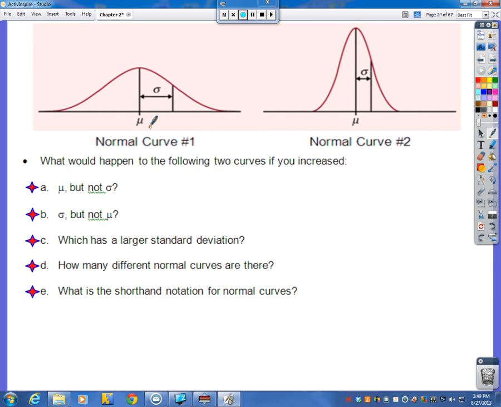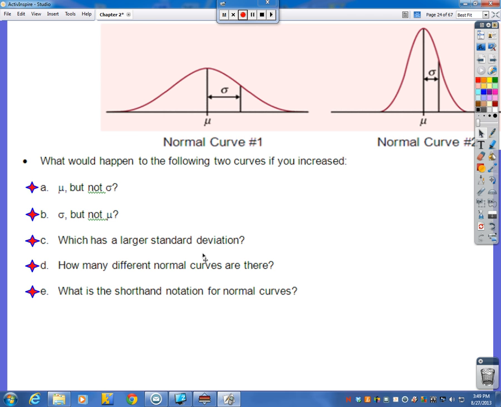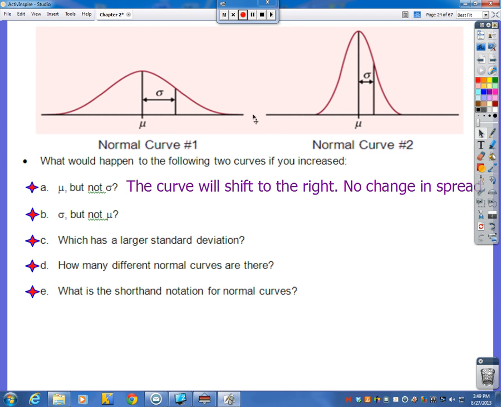All right, so if we were to increase the mean, think of this as a number line, and let's say this is also some number line, where mu is just at some particular value, then if we were to increase it, really all we're going to do is move the curves down the line. Okay, so the curve will shift to the right, but there will be no change in spread. They'll still be spread out the same amount.